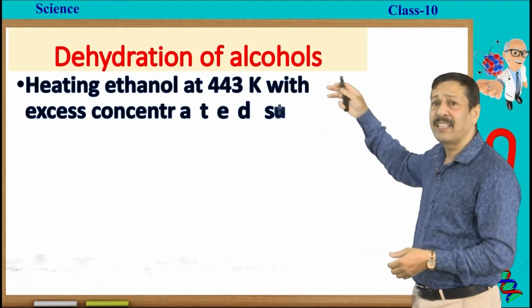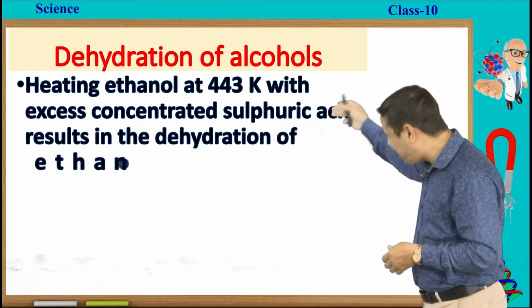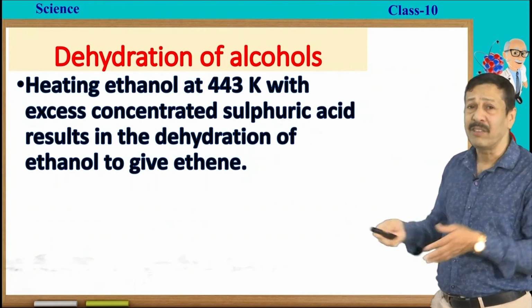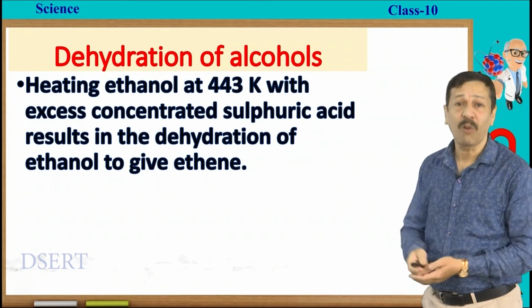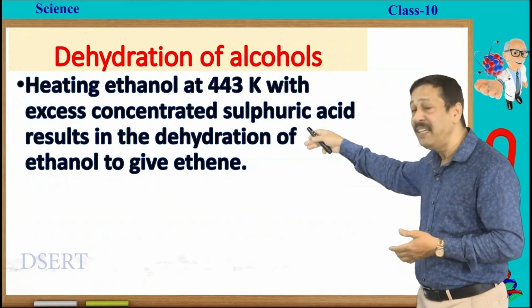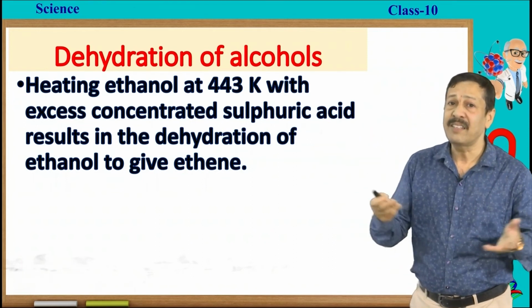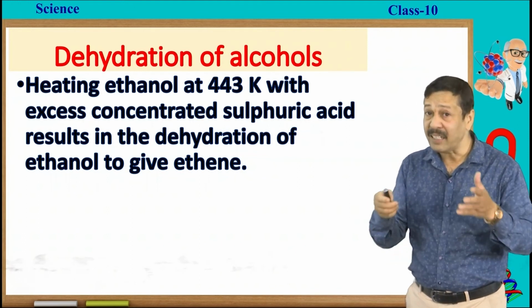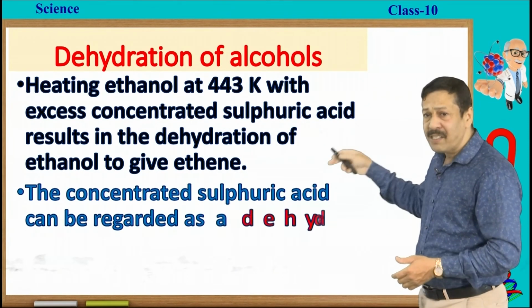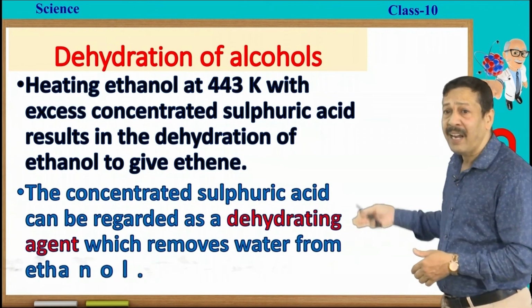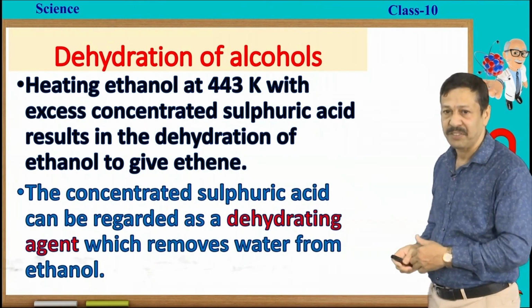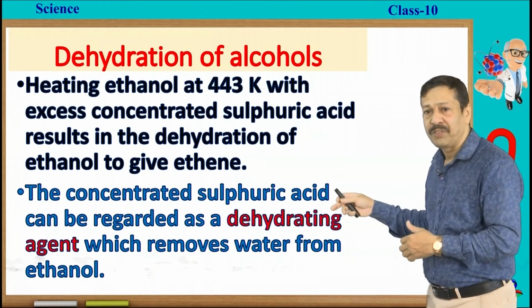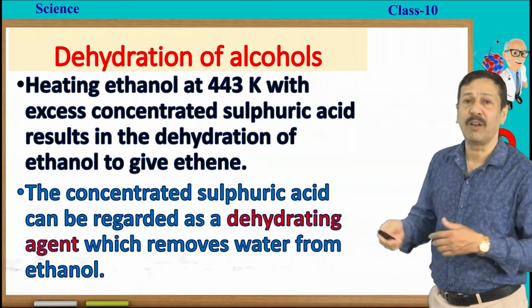When you heat ethanol to 443 Kelvin in the presence of concentrated sulfuric acid, there is a dehydration of alcohol which yields ethene, which is an unsaturated hydrocarbon, an alkene. The concentrated sulfuric acid acts as a dehydrating agent during this reaction, which removes the water from the ethanol.